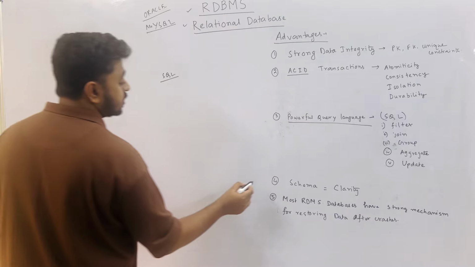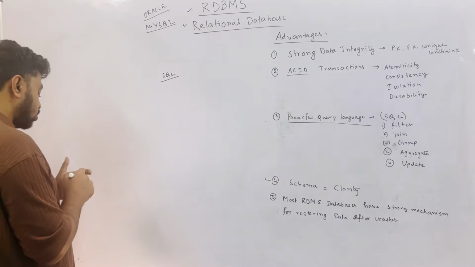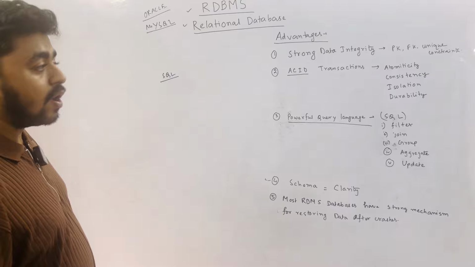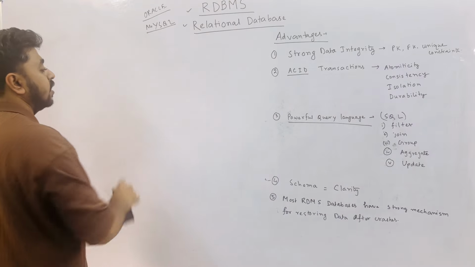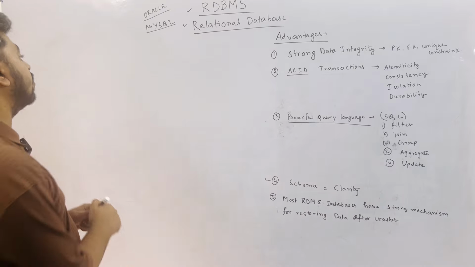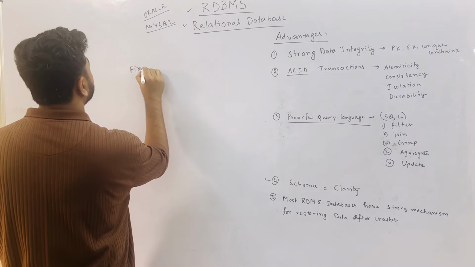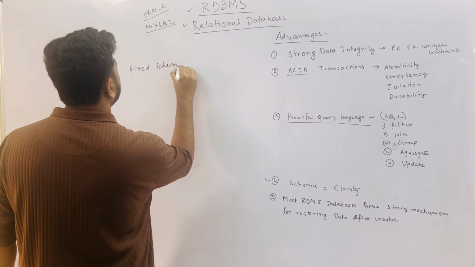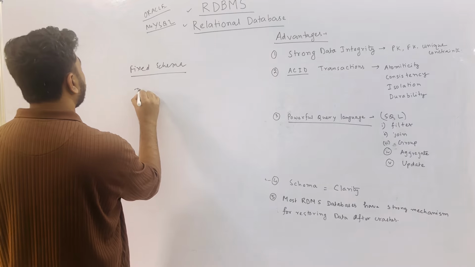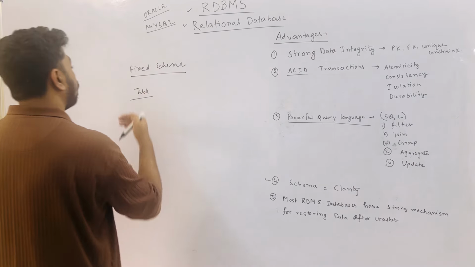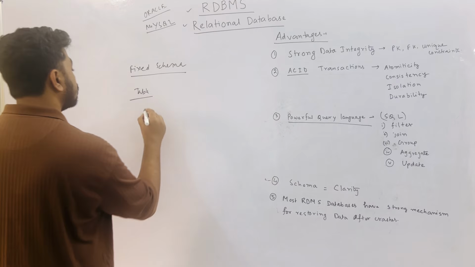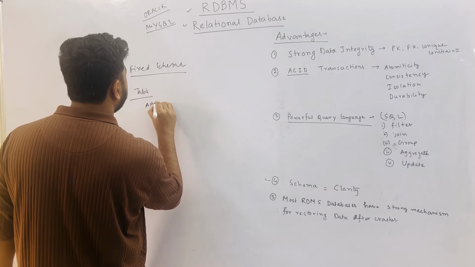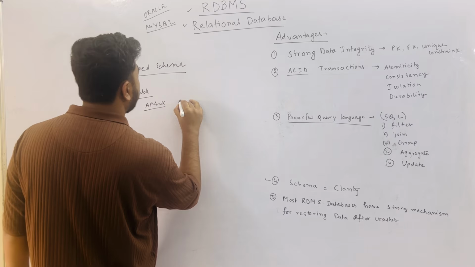Another thing is schema. The most beautiful thing is you have a very strong schema in this SQL relational database. You have a fixed schema for a particular table. Whenever you go into a table, you can see what data can come to this table and what the type of data is, because every attribute in your table will have a data type.